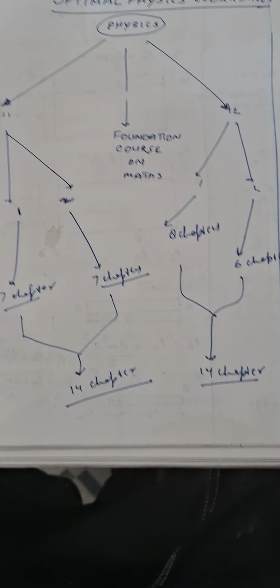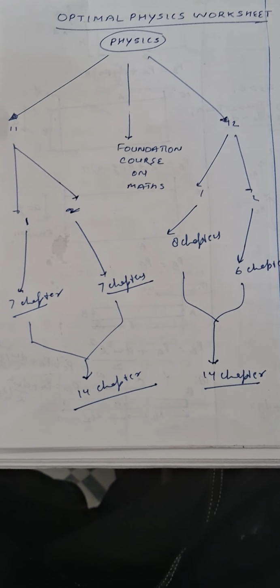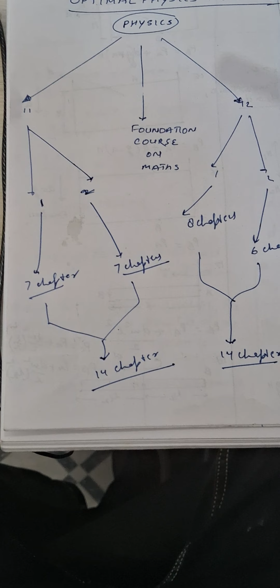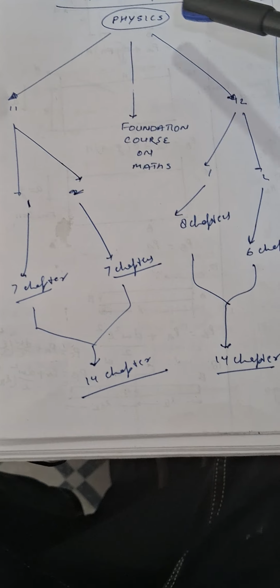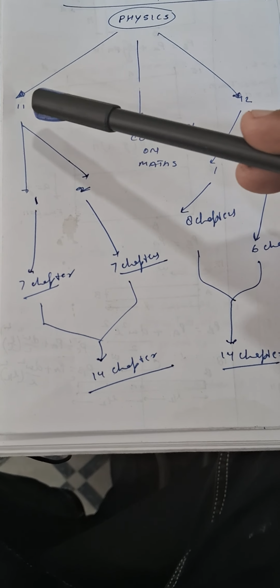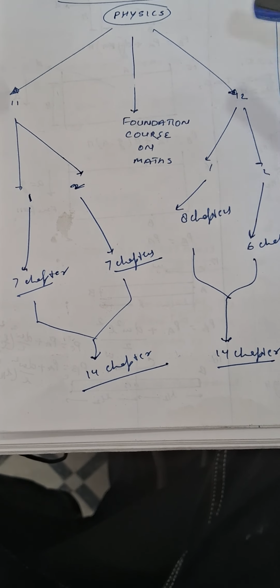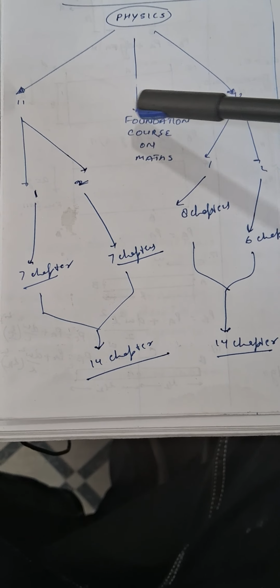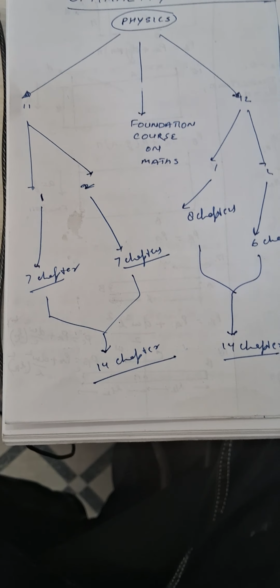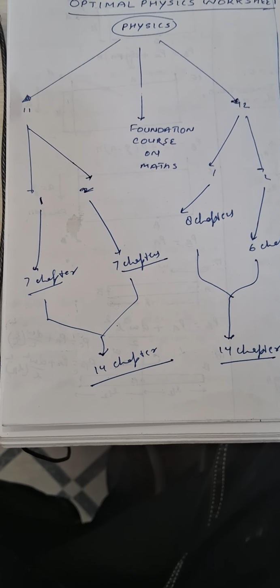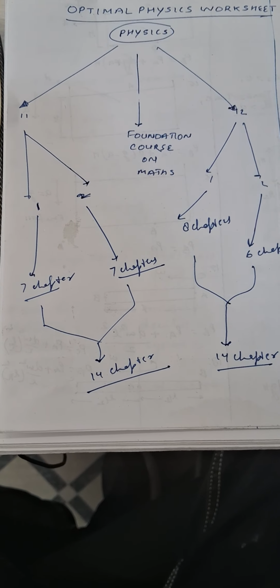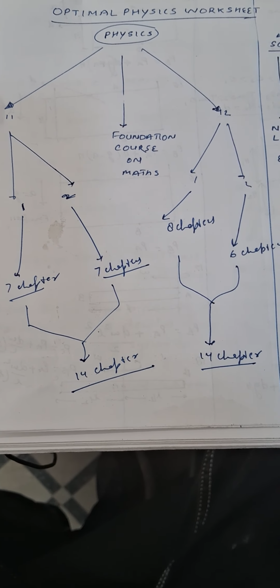So basically I'm going to explore the concept of optimal physics worksheets. If we consider physics as a subject, there is class 11 and class 12 as far as the syllabus is concerned, and there is another foundation course on maths, also called mathematical tools, which is used in both class 11 and class 12 physics.